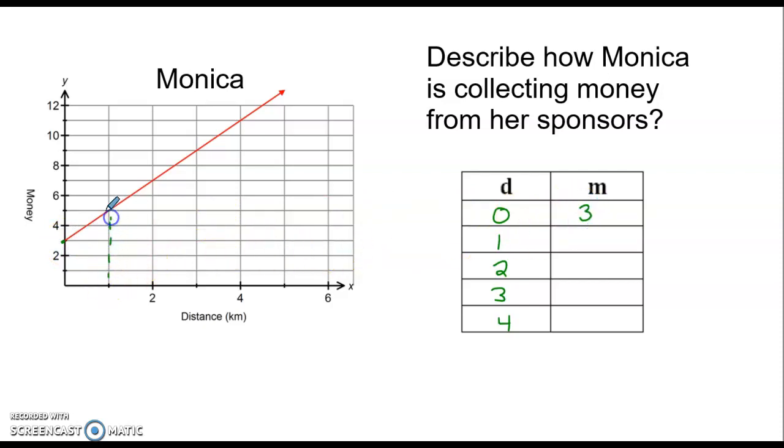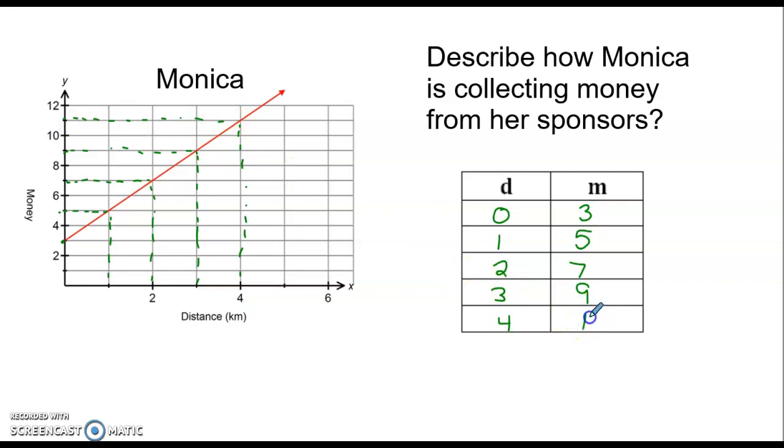At 1 kilometer, she's collecting $5. At 2 kilometers, she's collecting $7. At 3 kilometers, she gets $9.